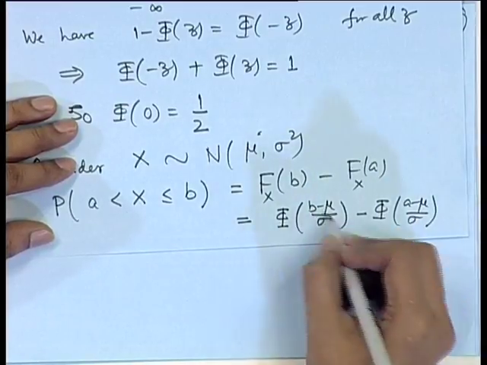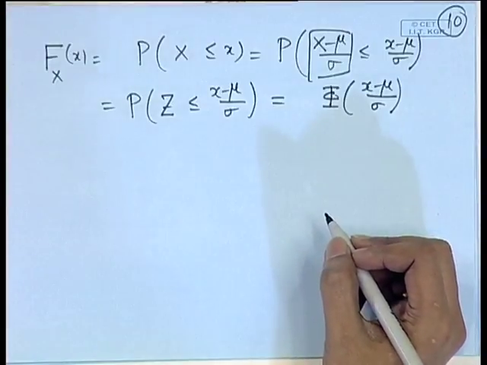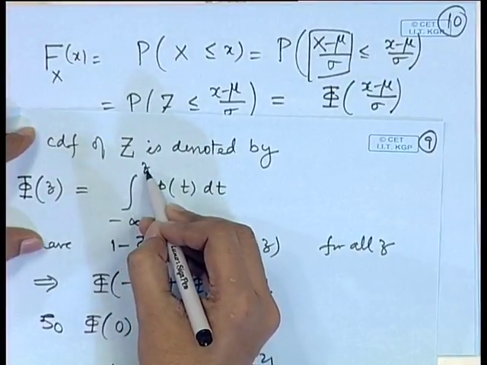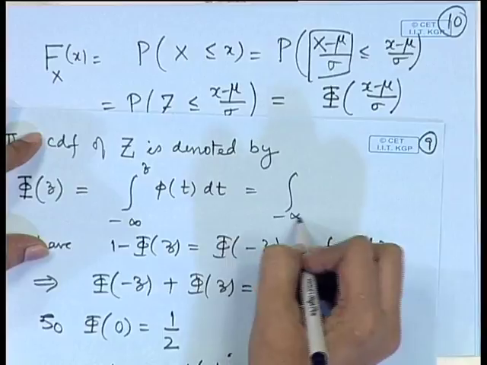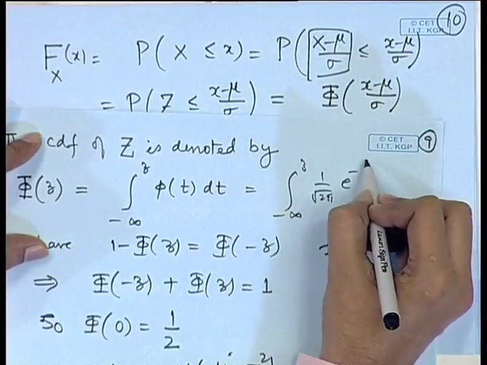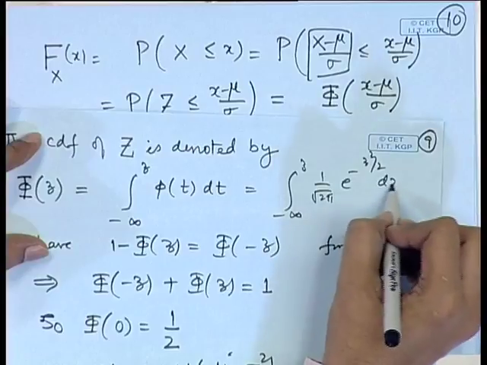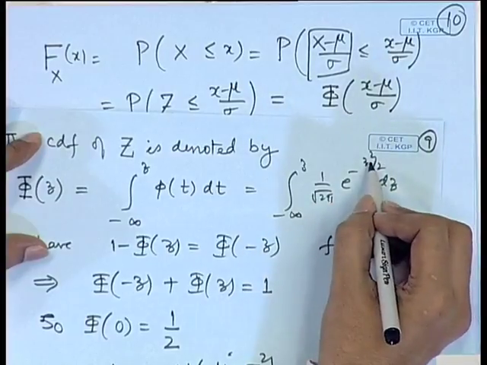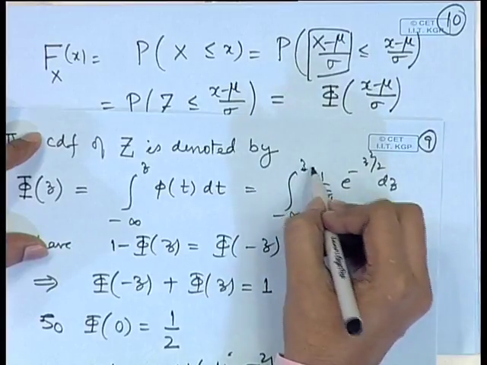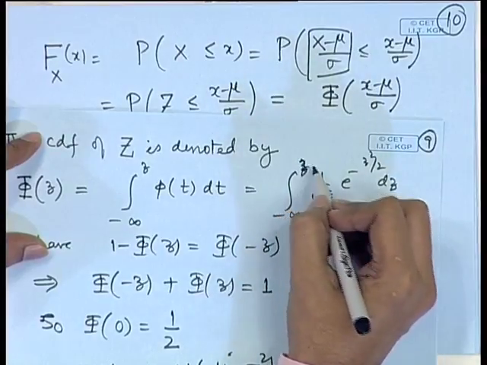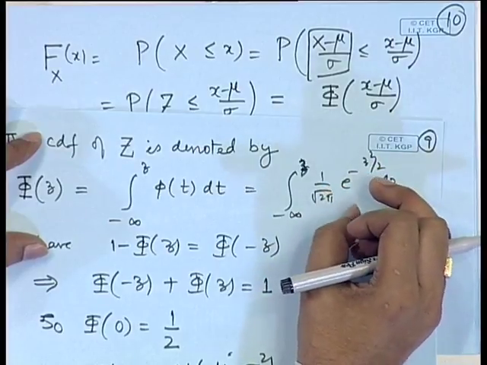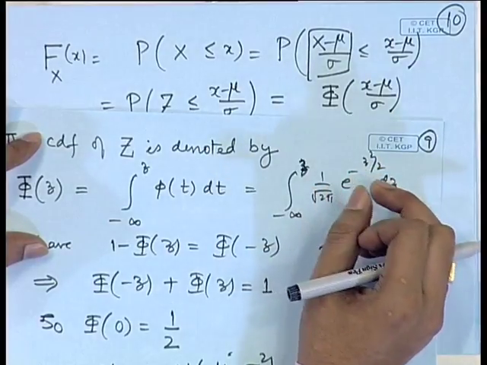Now, how do you evaluate this? Capital phi of z is equal to integral from minus infinity to z of e to the power minus z squared by 2 dz. If we make the transformation z squared by 2 equal to t after suitably altering the ranges, so that it is a 1-to-1 transformation, it is reducing to an incomplete gamma function.